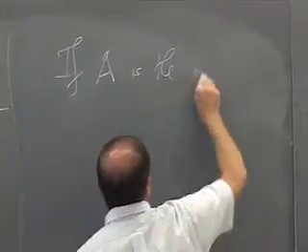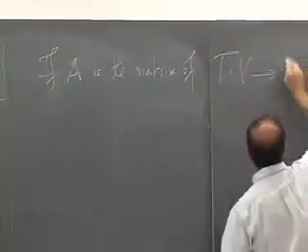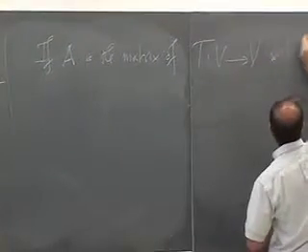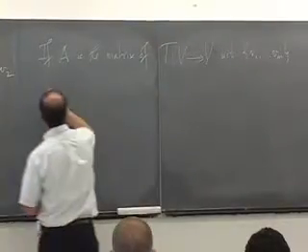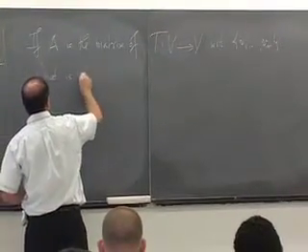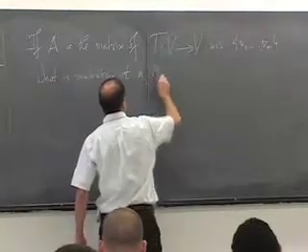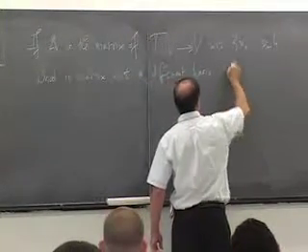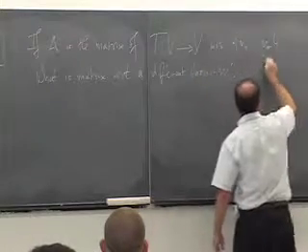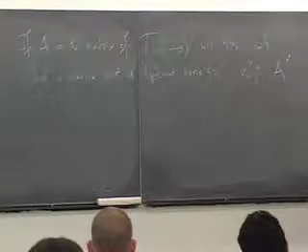If A is the matrix of a transformation T from V to V with respect to the basis V1 through Vn, what is the matrix with respect to a different basis V1 prime to Vn prime? You get a new matrix, A prime. How are A and A prime related?